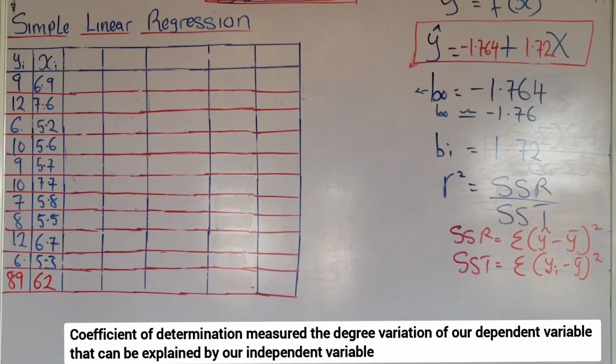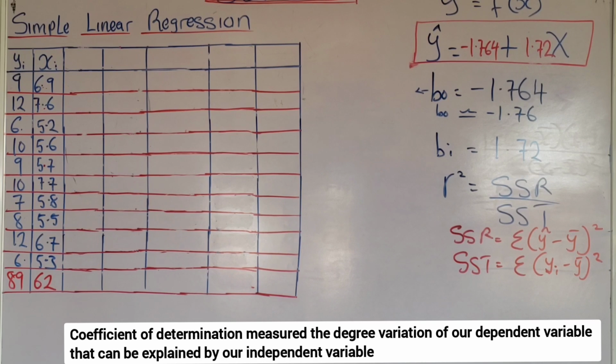You understand? Please listen to the explanation again. It measures the variability, that is the changes in our dependent variable that can be explained by our independent variable. In this case, the dependent variable is the yield, and the independent variable is the fertilizer, which we represent as X.